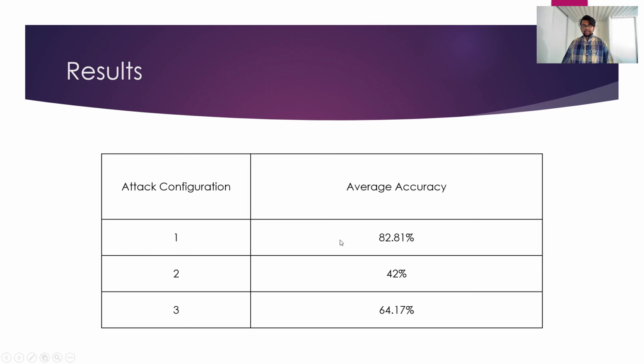We can assume that the first one's accuracy is far better because it's a 10 class problem, and the third one is a 32 class problem. Attack configuration 2 is also a 32 class problem, but the training data was not that significant because it had access only to the power data of the 7 core architectures for training.